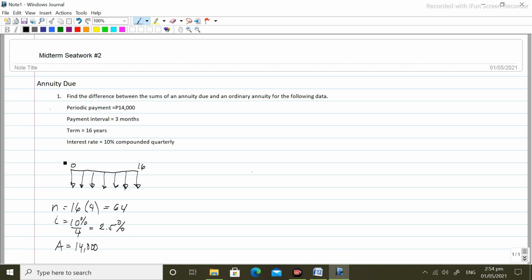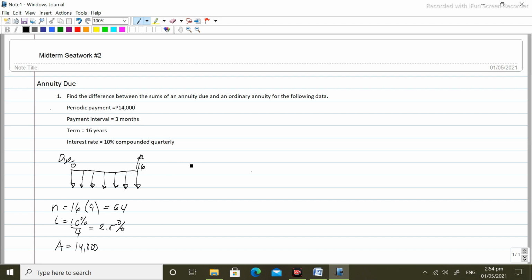So, the annuity due comes first, which we base on the future value. Okay?